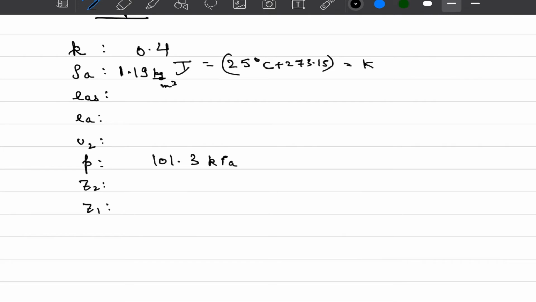Coming to EAS, this is the saturation vapor pressure at the temperature corresponding to 25 degrees Celsius. We can calculate this in Pascal as 611 exponential of 17.27 T divided by 237.3 plus T, where T is in degrees Celsius. After plugging in the value of 25 degrees Celsius, this comes out to be around 3167 Pascal.